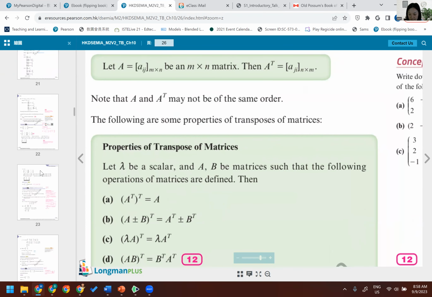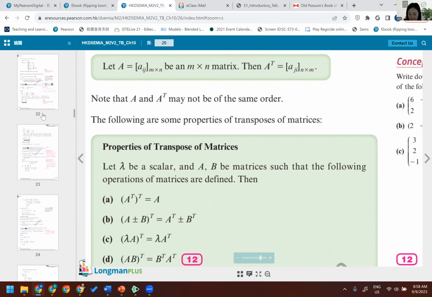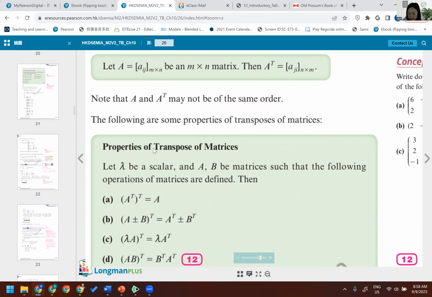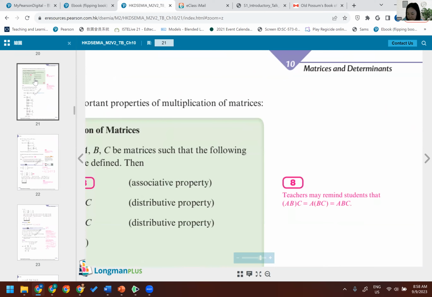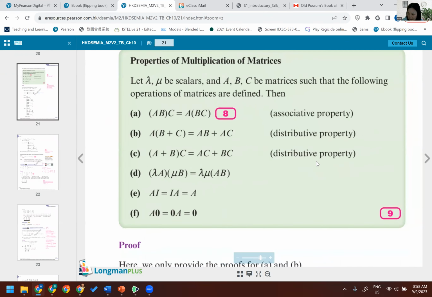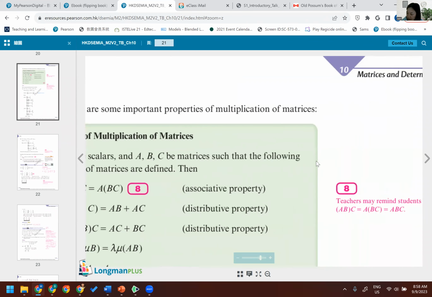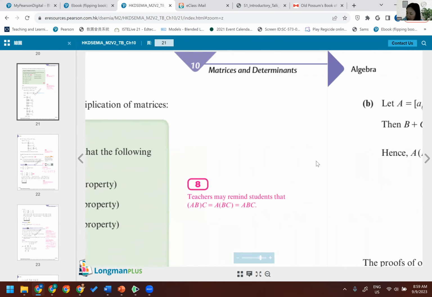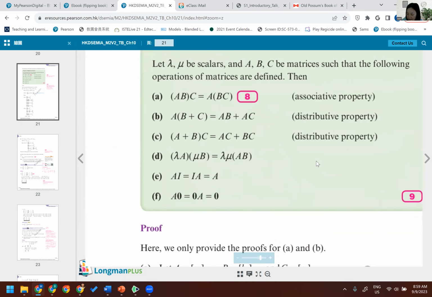Not these ones. Now this property is on page 10. I'm sorry, not page 10. Page 21.